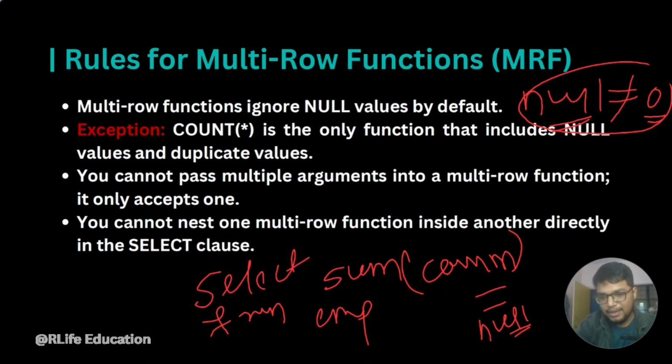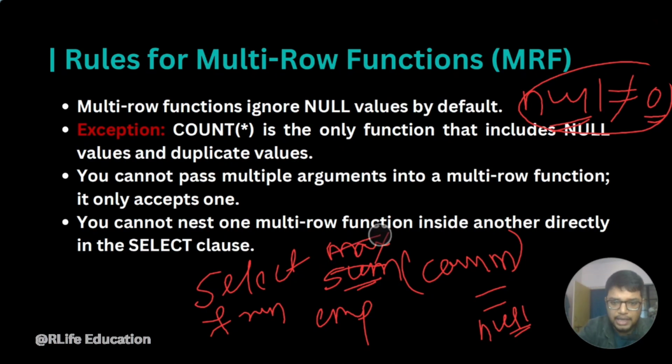And this is how we can use this multi-row function. For max also, if instead of sum I use max, whatever the maximum commission is, I'm going to get that. If I use min, whatever the minimum commission is, I'm going to get that.